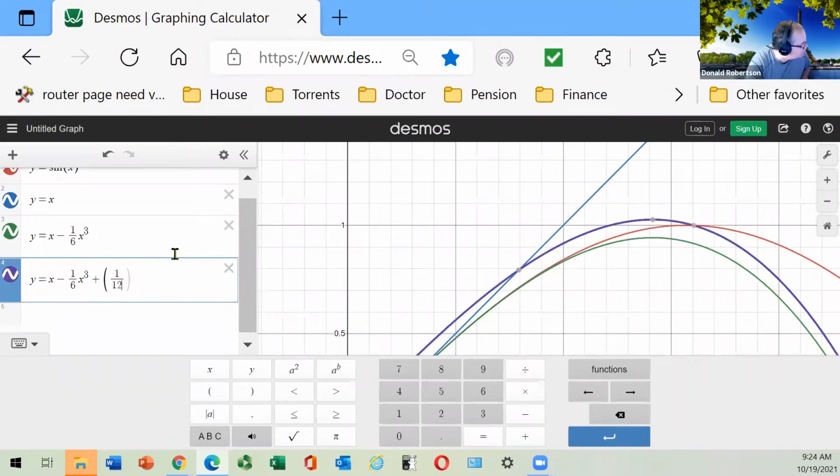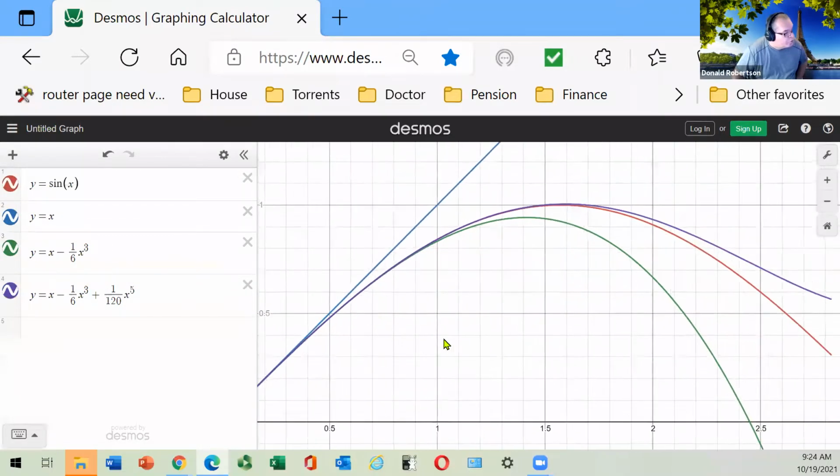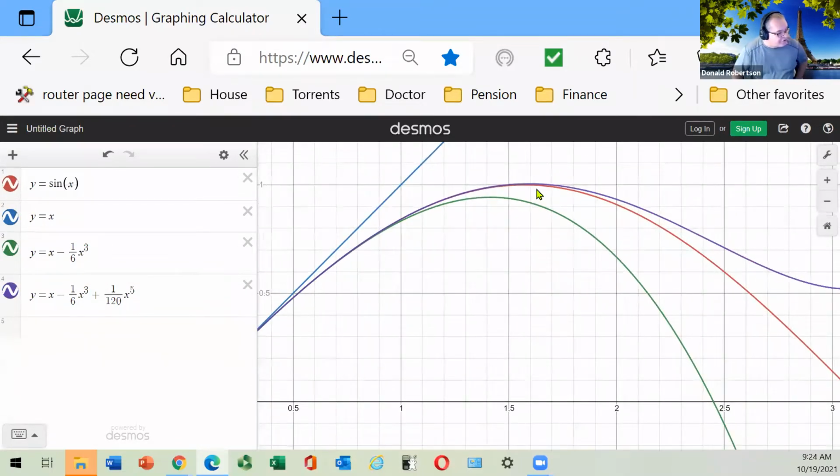Why I needed brackets in. Did I put those brackets in myself? I did. Okay. Plus 120 x to the power of 5. And what's that? Purple. Whoa. Can you see that the purple follows even better than the green?